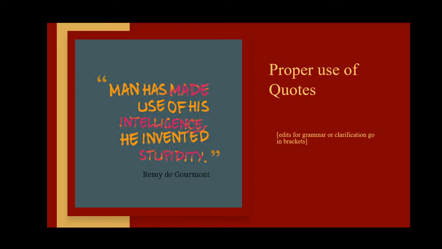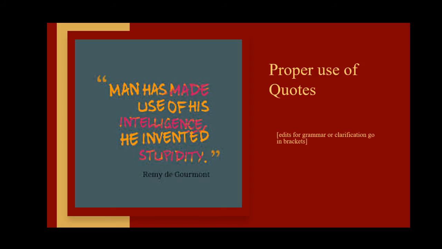And I found this quote really, really interesting. The proper use of quotes. "Man has made use of his intelligence. He invented stupidity." And this is a quote by Rémy de Gourmont. Proper use of quotes: edits for grammar or clarification go into brackets. And this is what I was speaking to before.